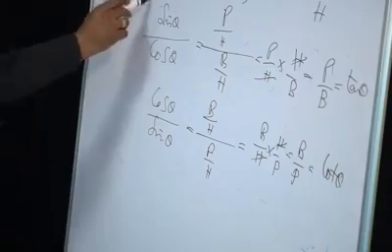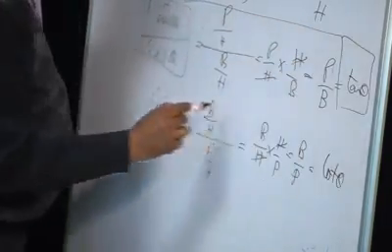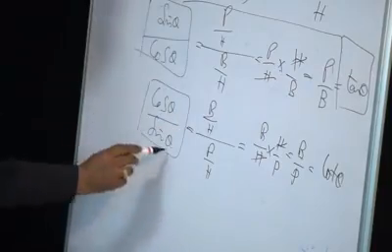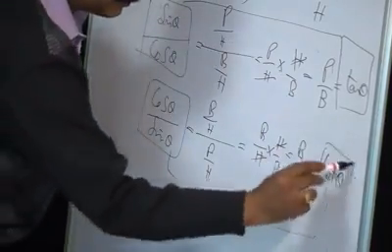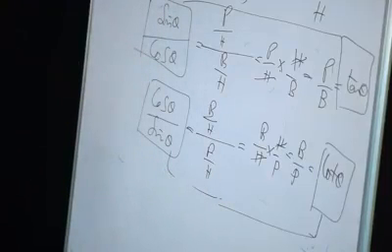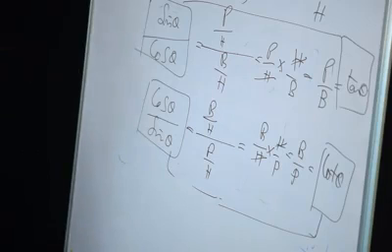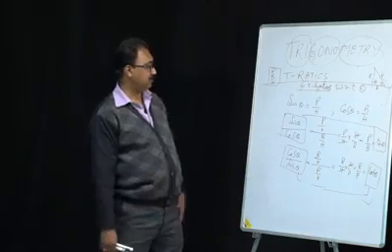So what you learn here, sine by cos is equal to tan and cos by sine is equal to cot. So please remember these relations also. It will help you to solve the problems in the exercises also, in other parts also.